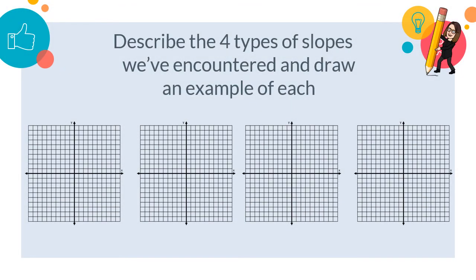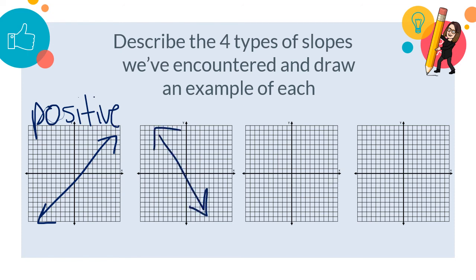All right, so now let's summarize all the types of slopes we've encountered. So we've had pretty clean, plain slopes like this. They're increasing, so we call them positive slopes. We've had simple going down slopes. Those are called negative. Just like on the last example, we had a vertical.